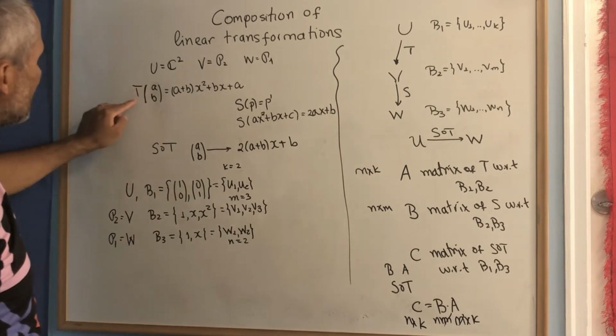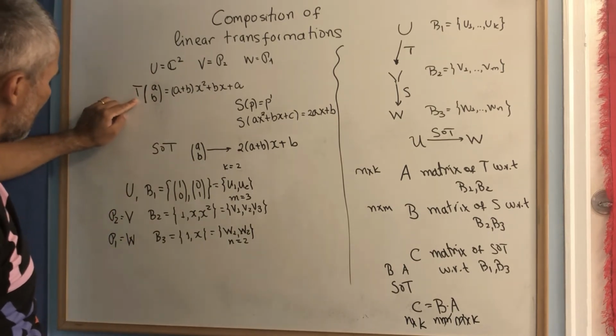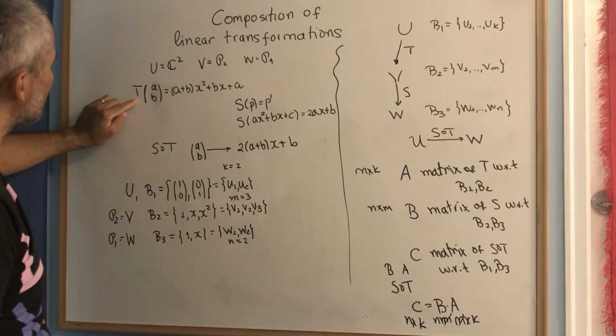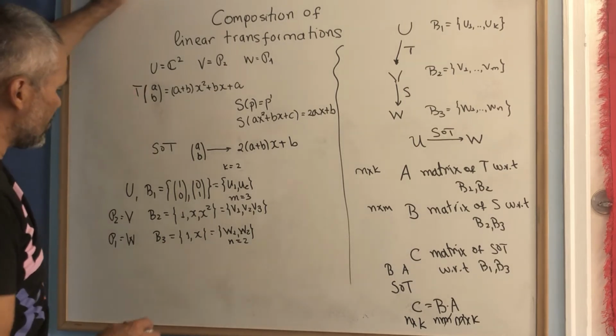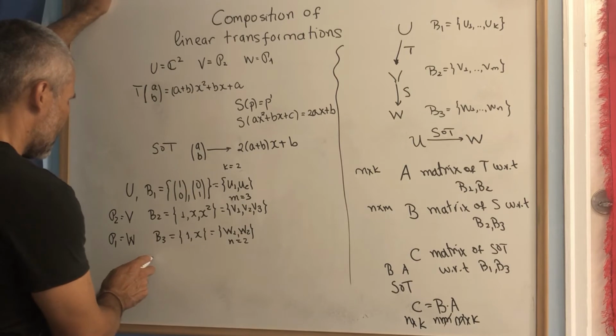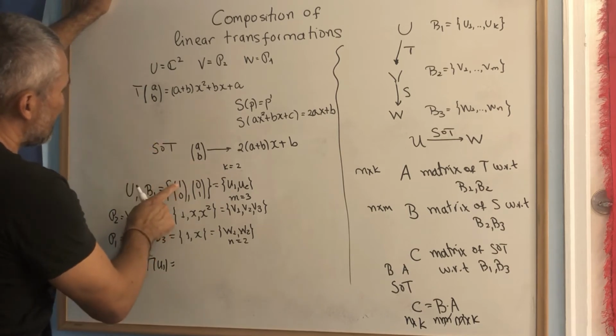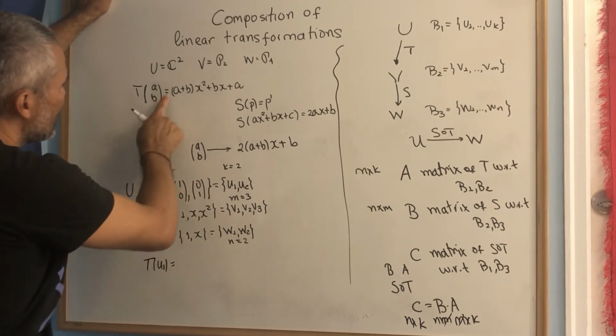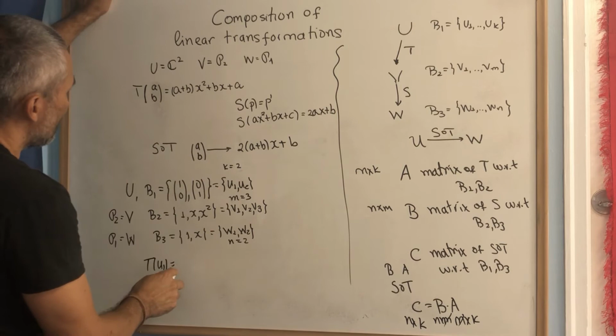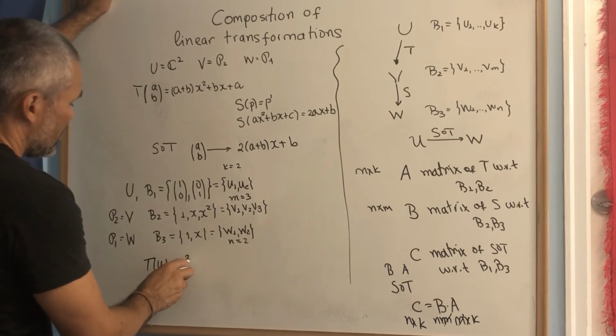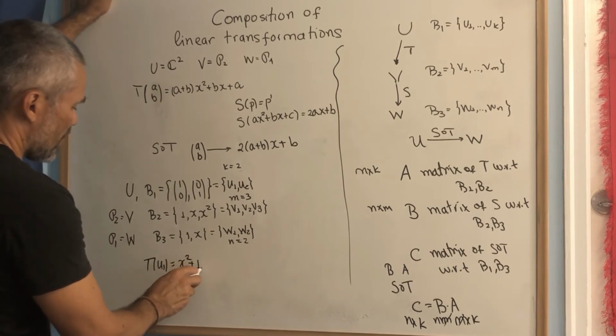Then, to compute the matrix of the transformation T, we need to evaluate T of U1. T of U1 means T of this vector, that means a equals 1, b equals 0, and that will go to the polynomial x squared plus 1.